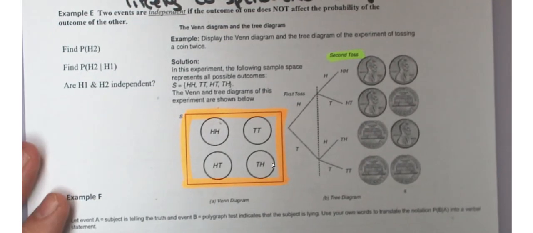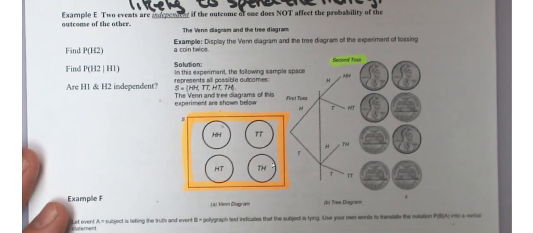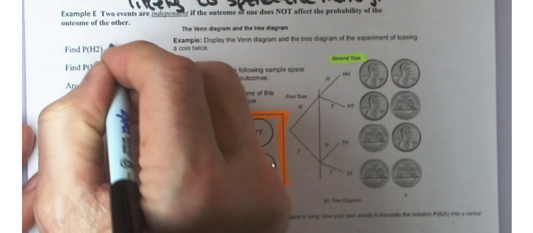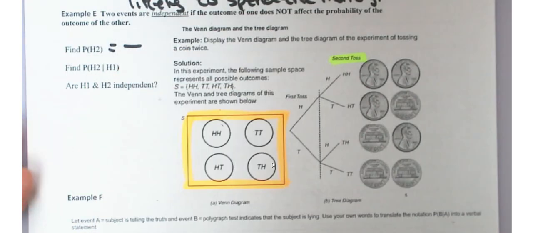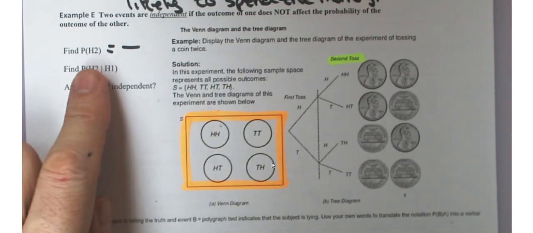Well, all 4 points in here are equally likely. So if they're all equally likely, what's the probability of getting a head on the second flip? And give it to me unreduced, please, if you could. Are you finding heads on the second flip? 1, 4.